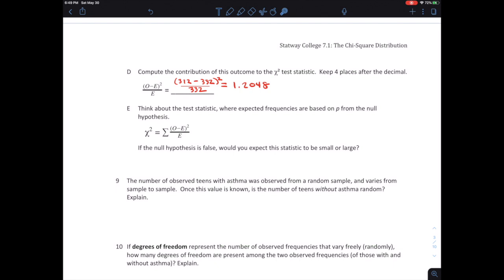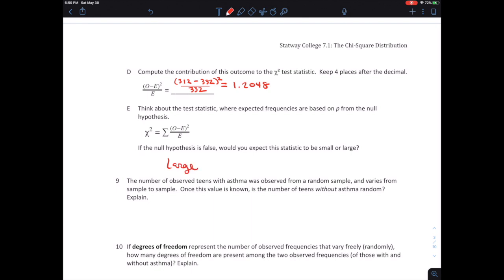So when you subtract them, that should be a big number, because the difference is large. When you square it, it gets bigger. And so this gets big when the null hypothesis is false. So the answer is large.